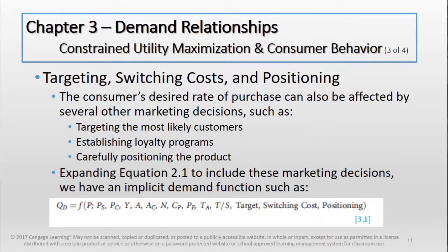Next, we have here what we call targeting, switching cost, and positioning. So the consumer's desired rate of purchase can also be affected by several other marketing decisions, such as targeting the most likely customers, establishing loyalty programs, or carefully positioning the product.